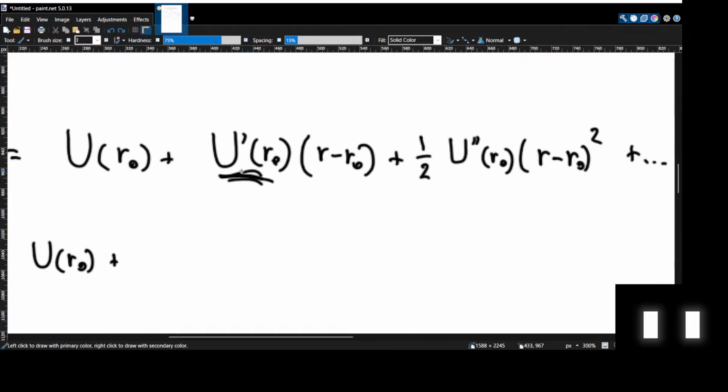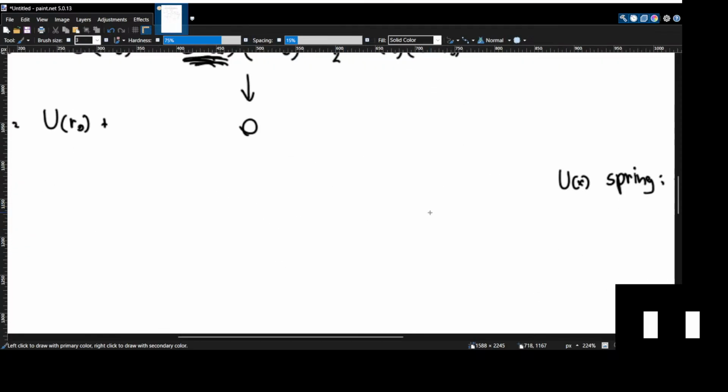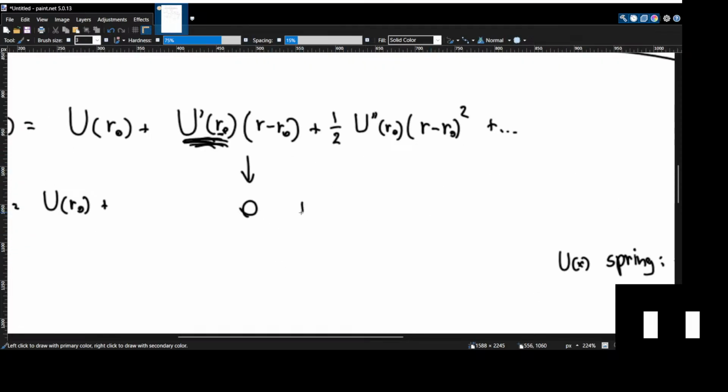Therefore, this one is the force term. This term is a negative force, and because we're at R0, the equilibrium point, this term is 0.